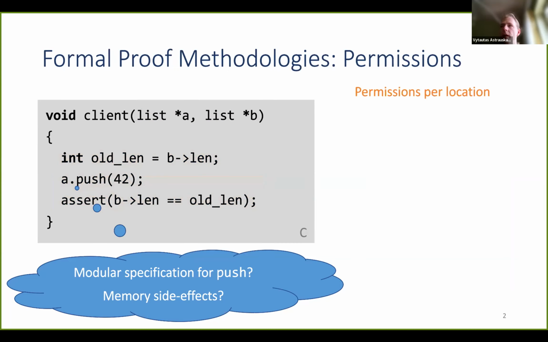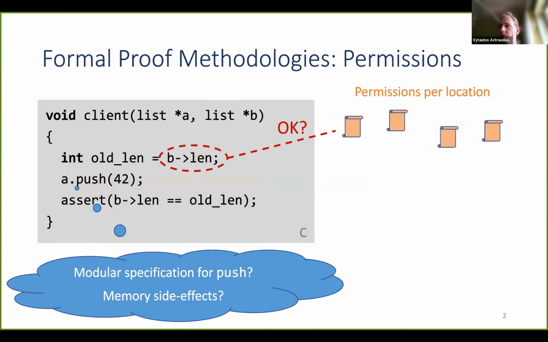So the idea is that for each memory location, such as b.len, we assign a permission. And when we have an access, we check that we have a permission for this access. So the access is allowed only if we have a permission, and having a permission guarantees that the access will succeed.